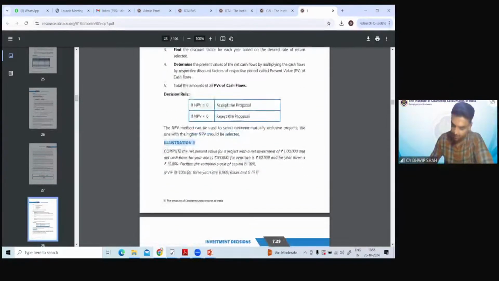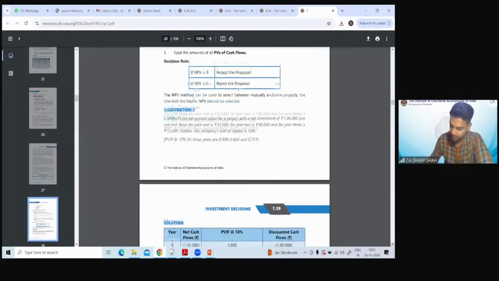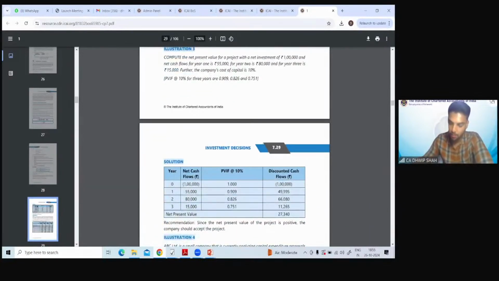Let's try to solve illustration 3. Compute the net present value for a project with a net investment of 1 lakh. Net investment means cash outflow is 1 lakh, and net cash flows for year 1 is 55,000, for year 2 is 80,000, and for year 3 is 15,000. Further, the company's cost of capital Ko is 10%.